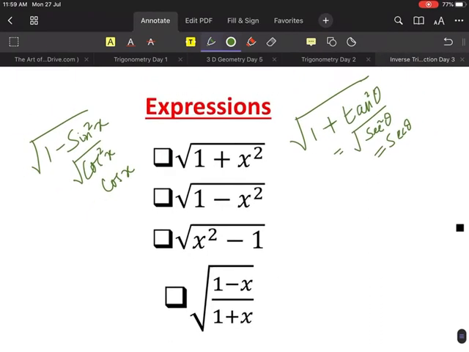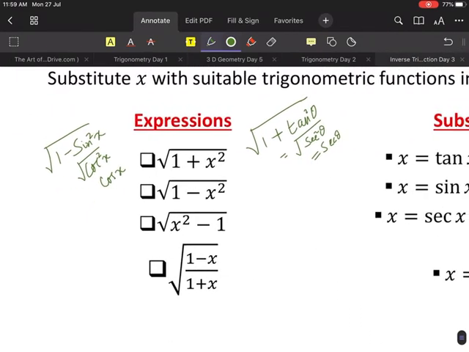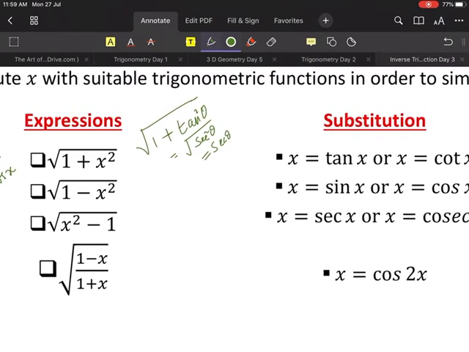Now the last one. If I have root over of x square minus 1, then I will substitute. One thing, here it won't be x, they will all be theta.